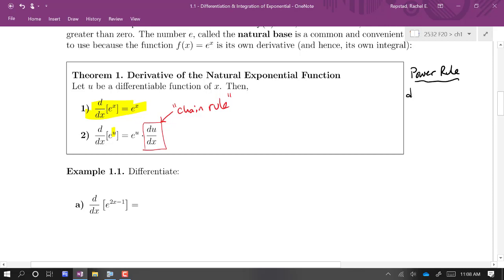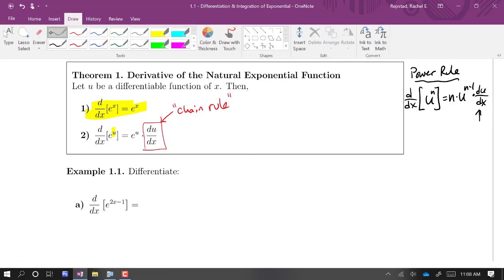Right, so I'm sure you remember that the derivative of u to the n power, you bring the power down, and then you have that same stuff to the one less power, and then you have to multiply by the derivative of the stuff. So there's the chain rule there. In all of the derivative formulas that we'll see, you're going to see that times du dx at the end.